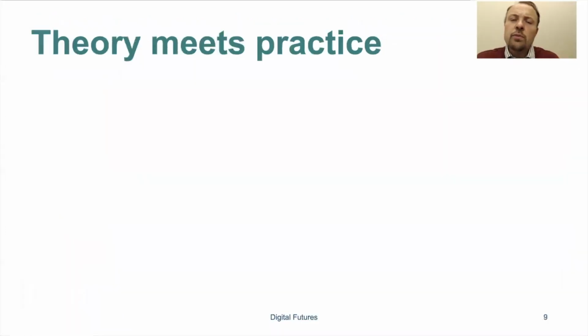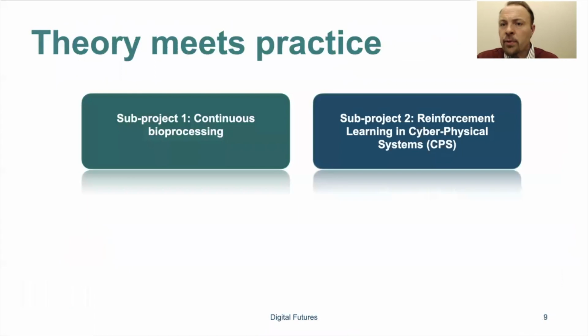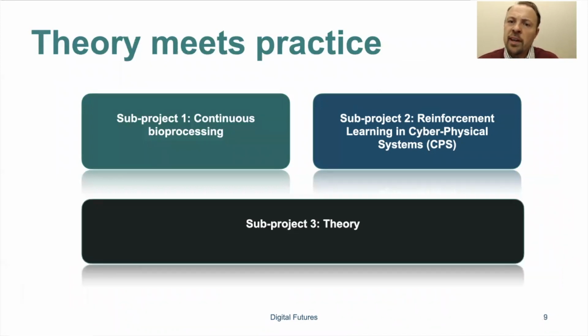These two sub-projects are application domains. We have a third project where we develop the theory around this, which is then put in practice in the two application areas. Now my colleagues are going to present each of these sub-projects one by one.